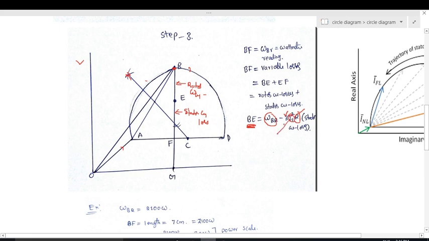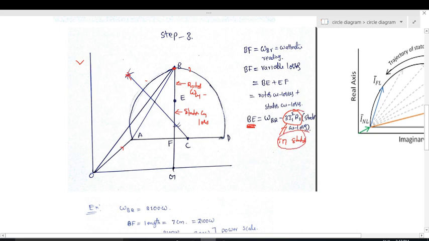I1, how to find I1? I1 is nothing but I_BR, because the maximum current is flowing in the stator winding under blocked rotor condition. That is the maximum current in the stator under blocked rotor condition. That's why this gives us the maximum copper losses in the stator.